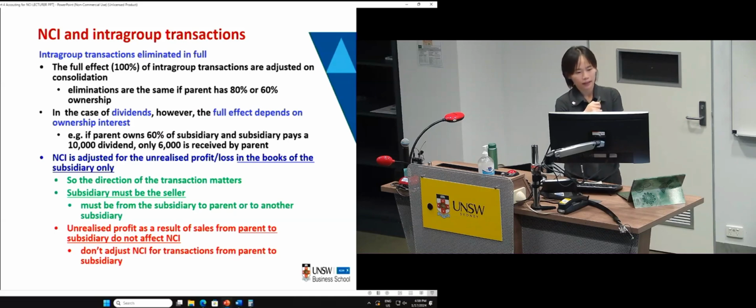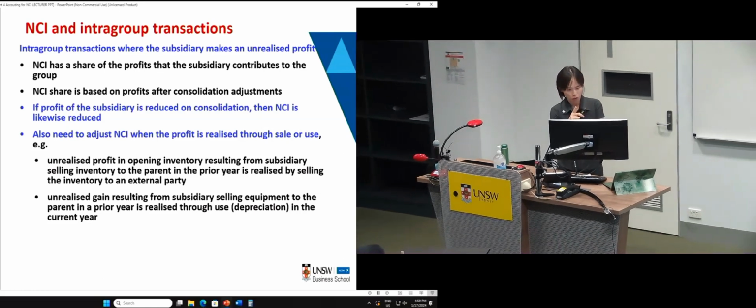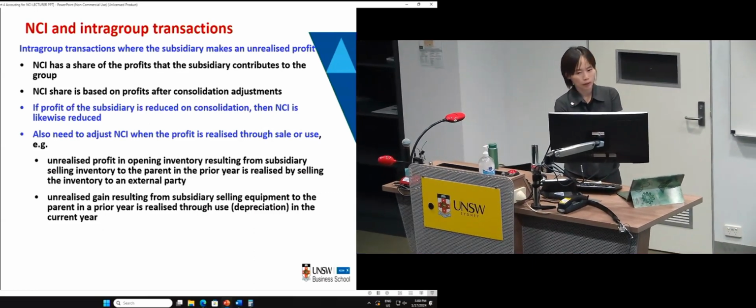Now let's have a look at the summary here. For an intragroup transaction where the subsidiary makes an unrealized profit or loss, the elimination entries will effectively remove the effect of this unrealized profit or loss and require NCI adjustment. The intragroup transaction must result in the subsidiary entity recognizing the profit or loss, and this profit or loss remains unrealized.